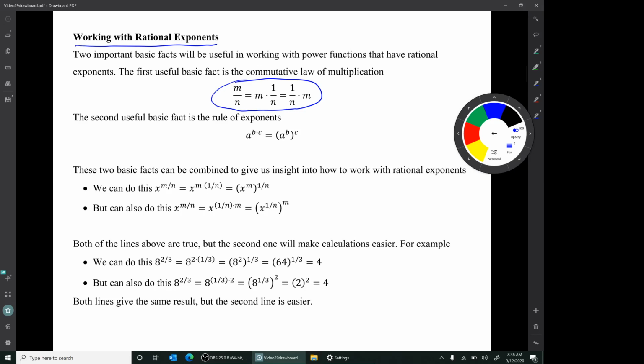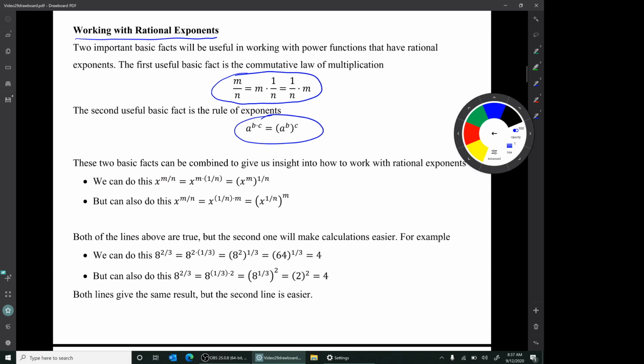A second useful basic fact is just this rule of exponents, what it means to have a raised to a product, b times c. A raised to the b times c is equal to a raised to the b, and then that result raised to the c power. These 2 facts can be combined to tell us how to work with rational exponents.